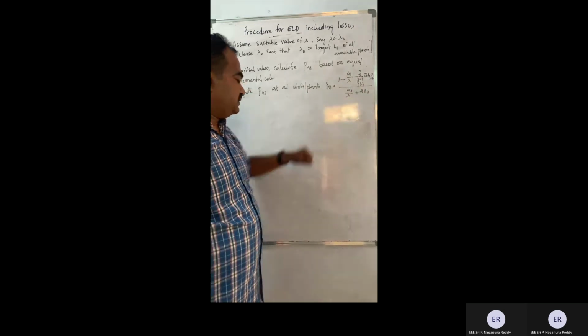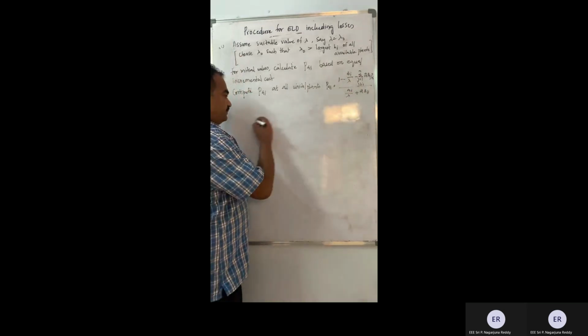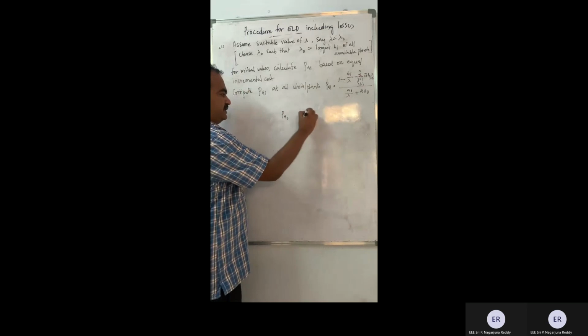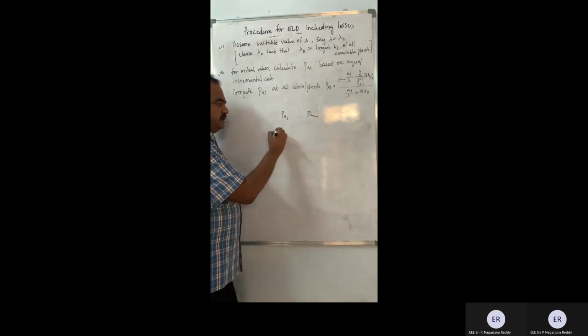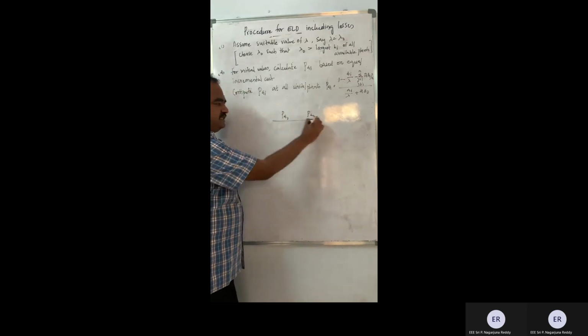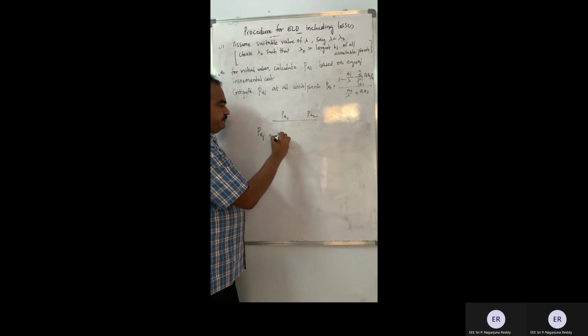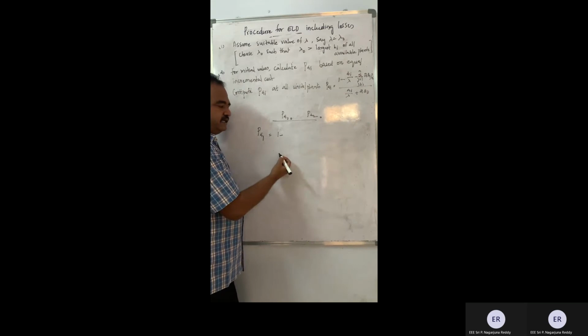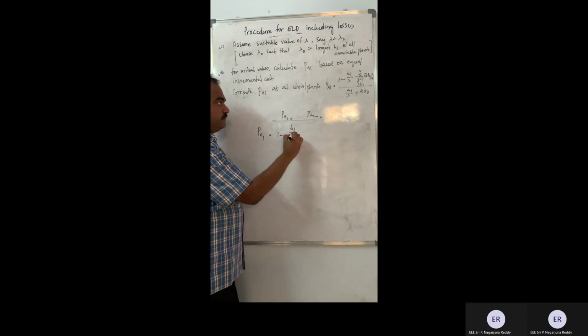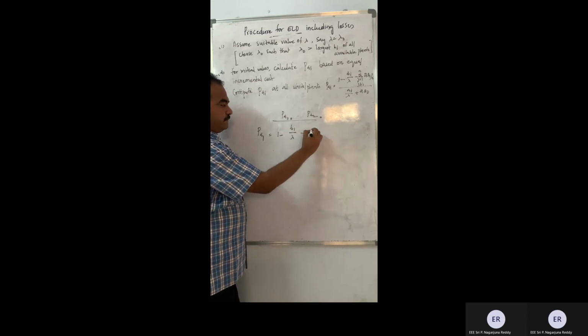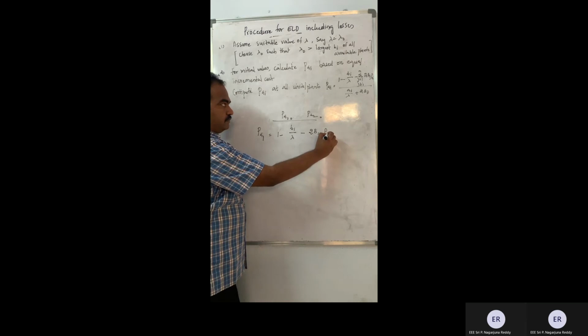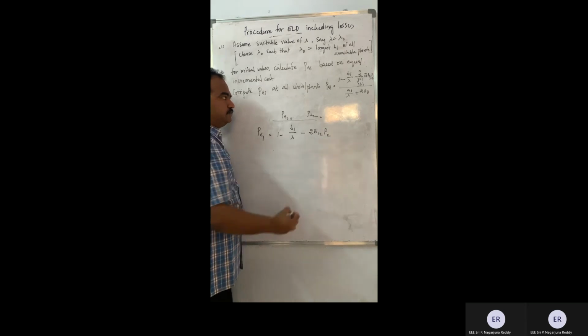Let us suppose I do have 2 buses now. I do have some initial values of PG1 and PG2. Now with these initial values, I am calculating again PG1. These are initial values, I am representing as 1.